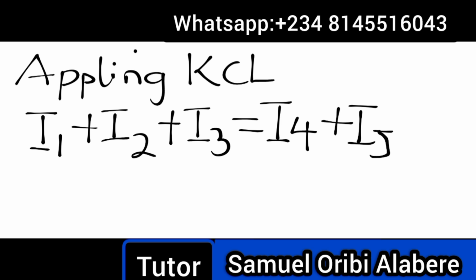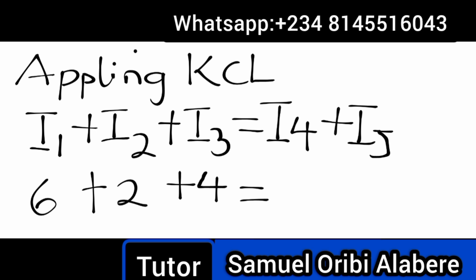So value of I1, which is equals to 6, then I2, which is equal to 2, then I3, which is equals to 4 amps. So then this will now be equals to 3 plus I5.